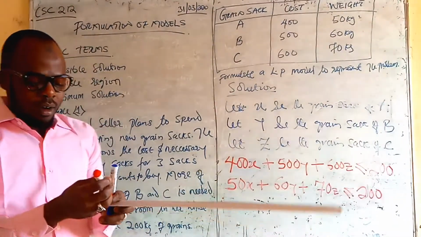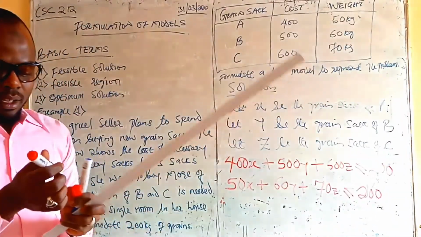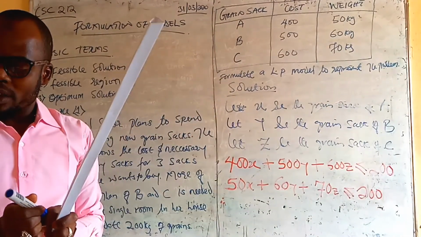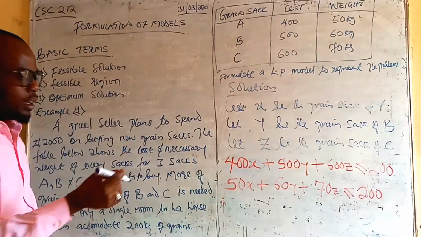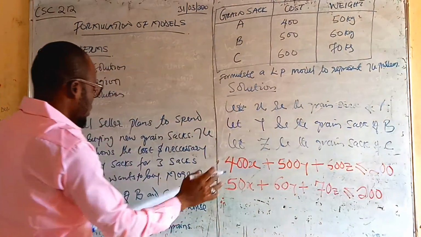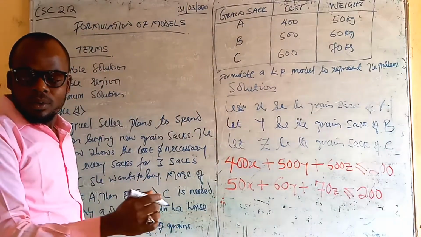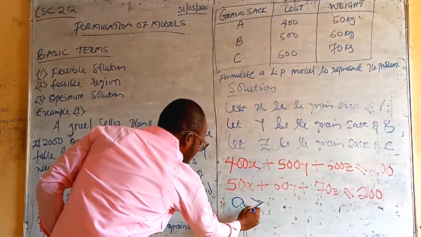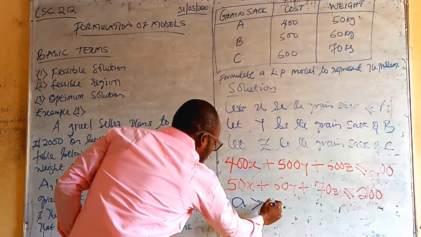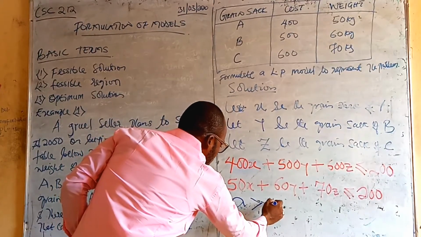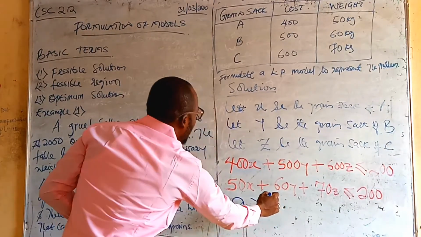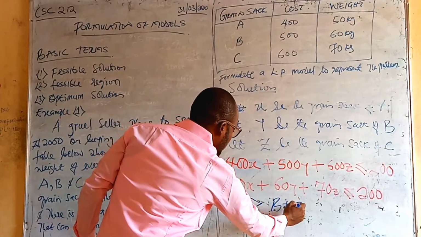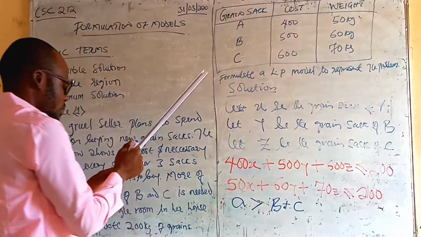Then what we are asked is to formulate the linear programming. So therefore, all it is going to contain is that A must be greater than B plus C. So that's all.